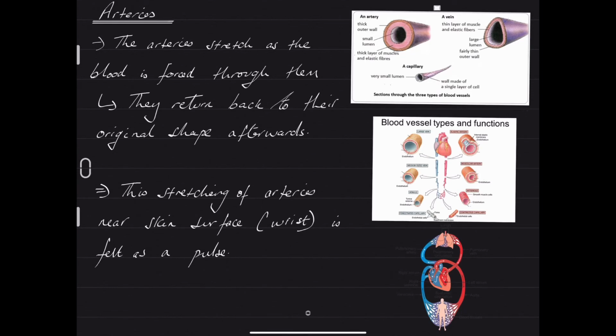Now, looking at the diagram, I want you to answer a quick question back on Teams. What specific structural component of an artery allows it to stretch and return back to normal as blood is pumped through it under high pressure? So that's the first quick question I want you to answer. I'll repeat again on Teams.